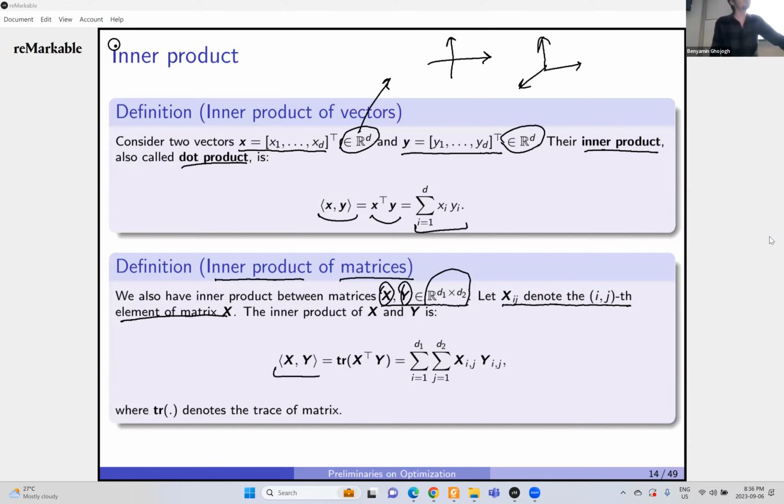Then the inner product between X and Y is the trace of X transpose Y. First off, what is trace? If you don't know it, that's fine. I'm telling you: the trace of a matrix is defined as the summation of its eigenvalues.